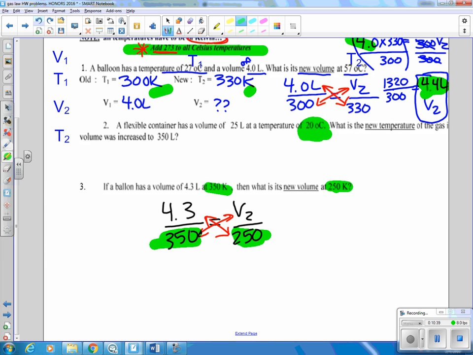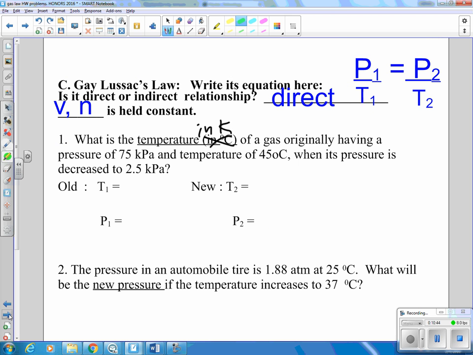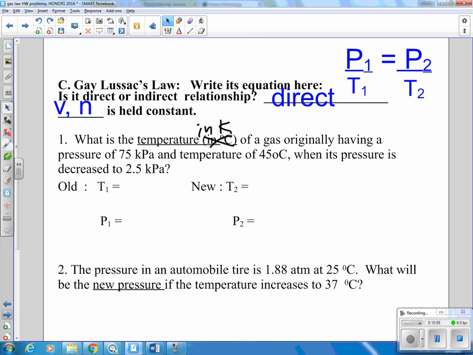Okay? Now let's go on to the Gay-Lussac law on the next page. Okay, and now it's very similar to the last one. Notice here that you are using a similar equation, P1 over T1 equals P2 over T2. So you're looking for pressures and temperatures.